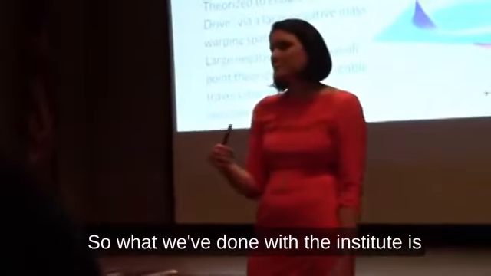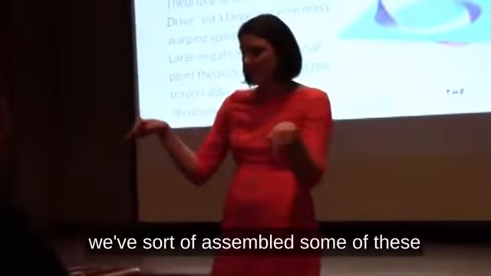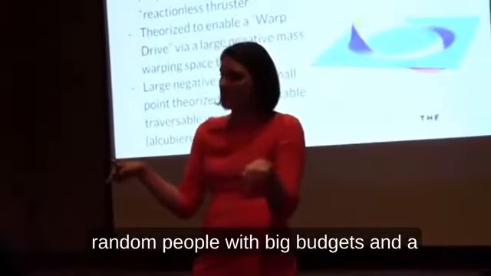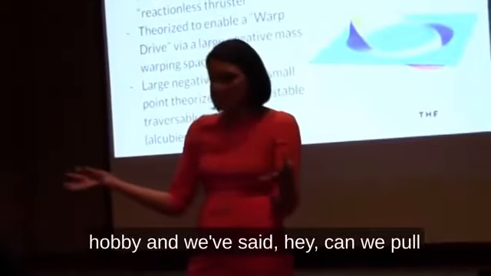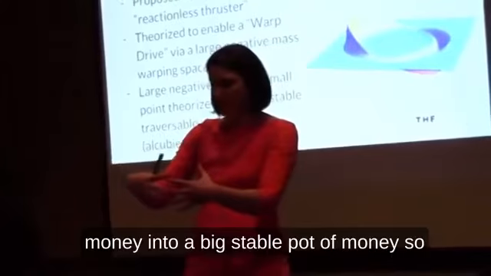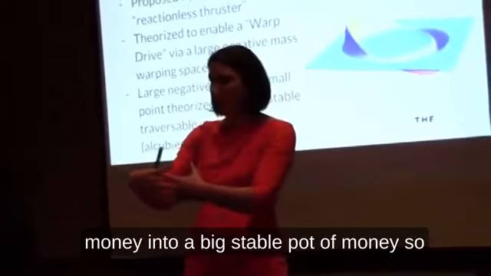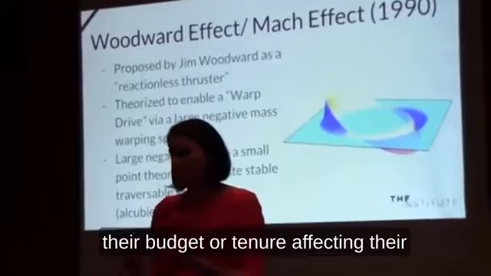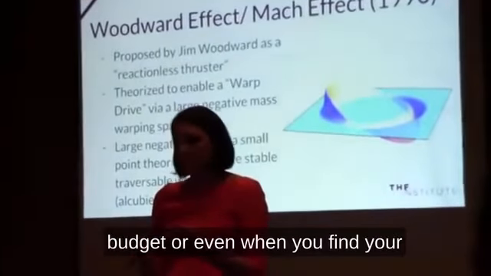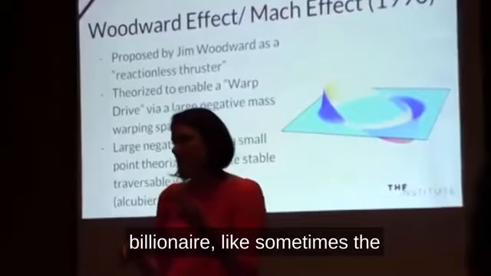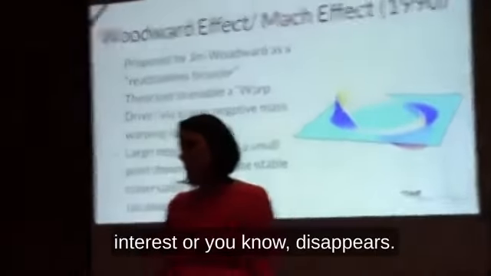The money's there. So what we've done with the institute is we've sort of assembled some of these random people with big budgets and a hobby, and we've said, hey, can we pool money into a big stable pot of money so that we can have a safe, well-funded sandbox for smart people to play in, and not have to worry about government election cycles affecting their budget or tenure affecting their budget, or even when you find your billionaire, sometimes the billionaire runs out of money or loses interest or disappears.